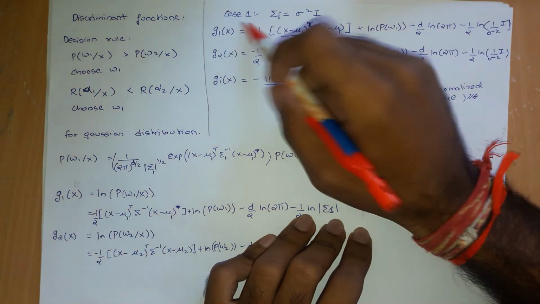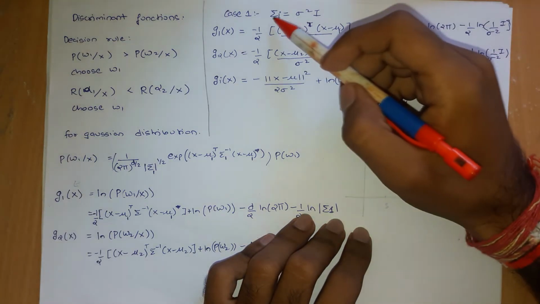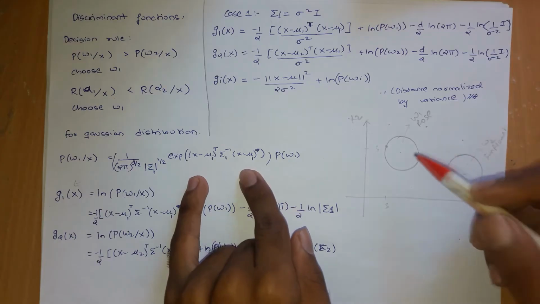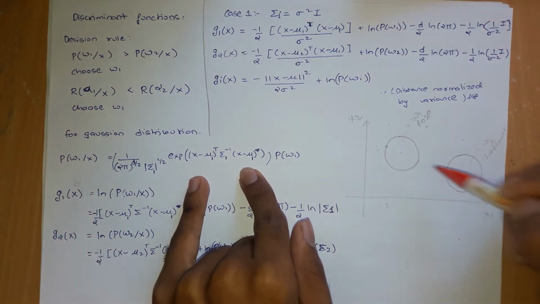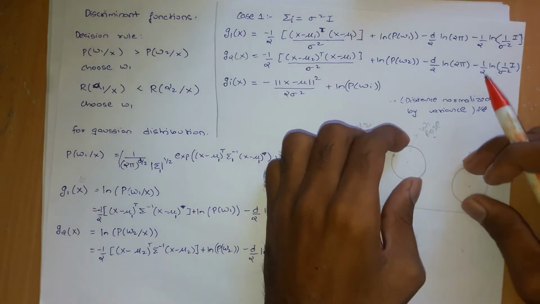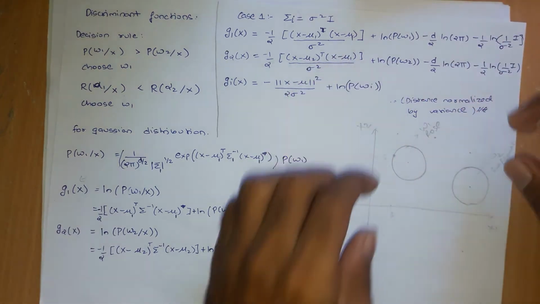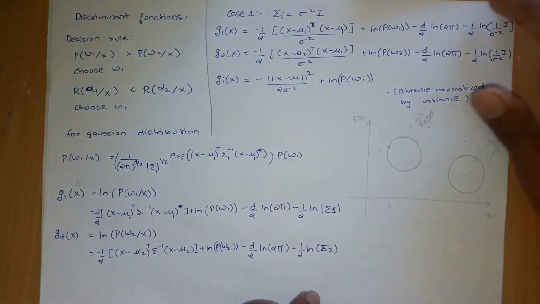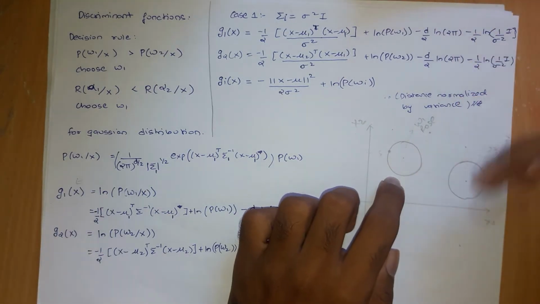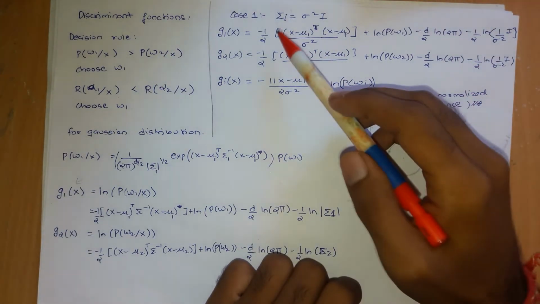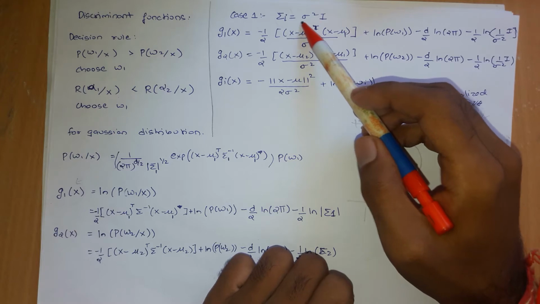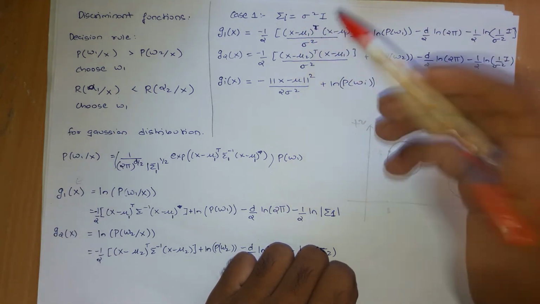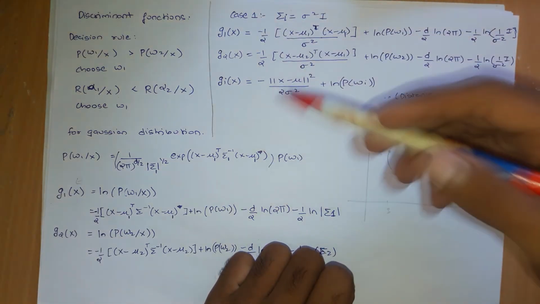So let us take a case 1 where I am taking the covariance matrix. So here the mean is not a problem, mean is just a point. So this mean will just decide where these Gaussians are going to be placed. But the covariance matrix is something that will define the shape of the Gaussian. So that is important. So I am taking a case 1 where the covariance matrix is sigma square I for every particular class.